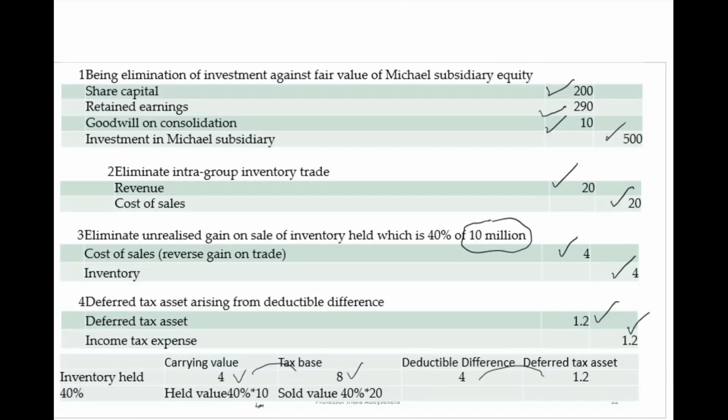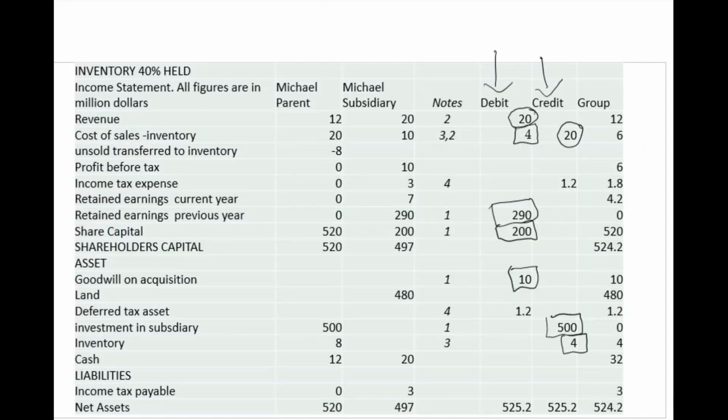Our fourth entry is the deferred tax asset arising from the deductible differences. We debit deferred tax asset 1.2 million, and we credit income tax expense 1.2 million.